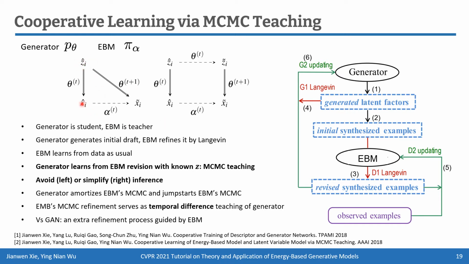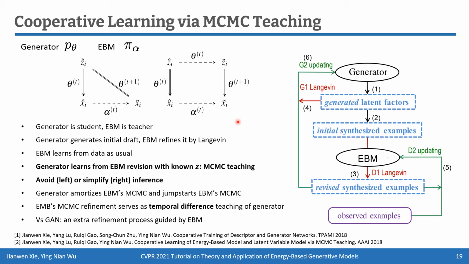Of course, after you update this xi, the underlying zi may also change. So if you want, you can also run Langevin dynamics to further refine zi to zi tilde. Then you can learn this theta so that this zi tilde reconstructs this xi tilde. This is a more rigorous scheme for this cooperative learning.